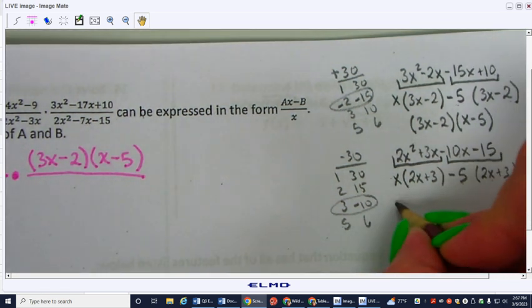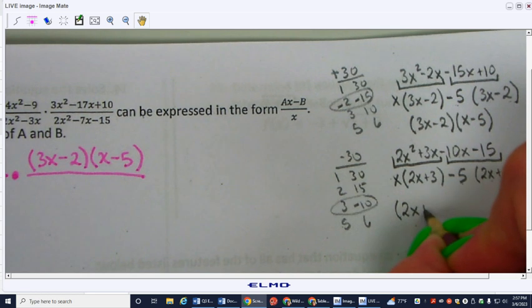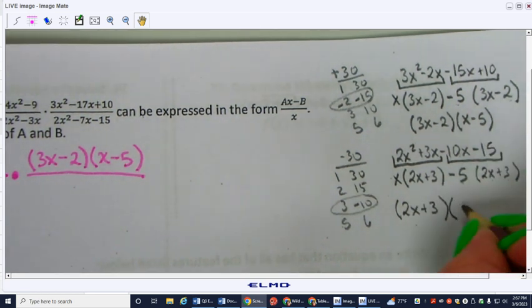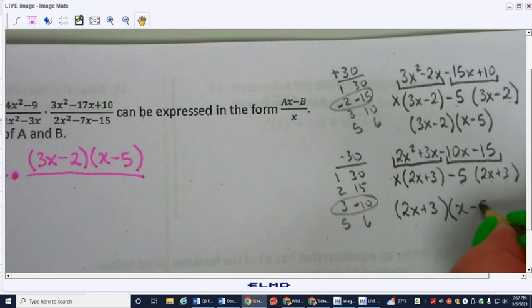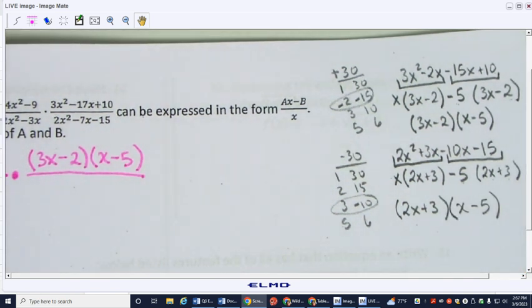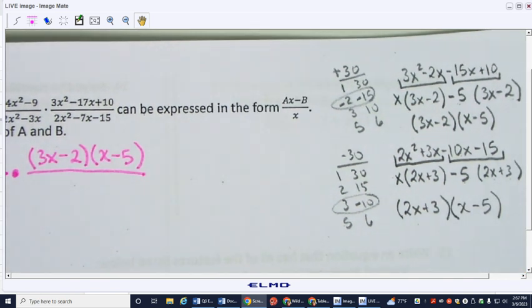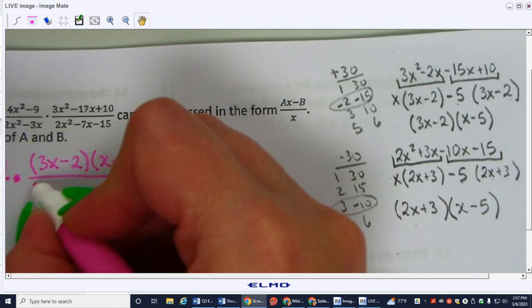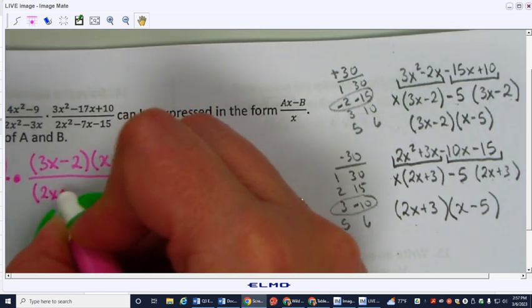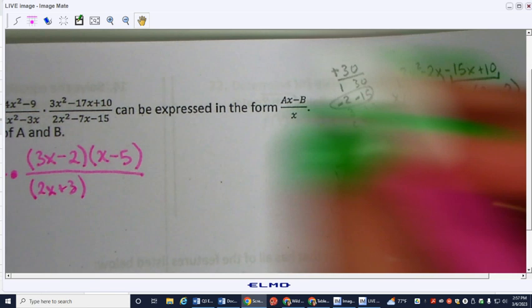So I'm going to factor out the 2x plus 3 and be left with x minus 5. That's my denominator for the second fraction: 2x plus 3 and x minus 5.